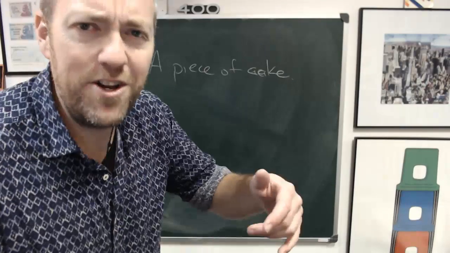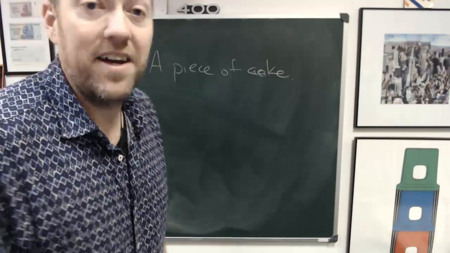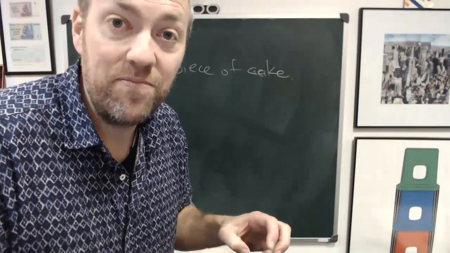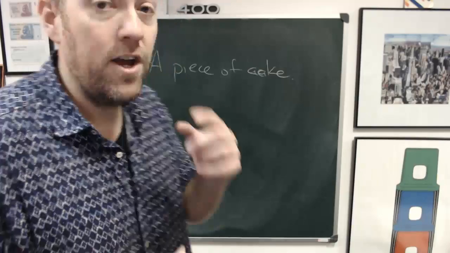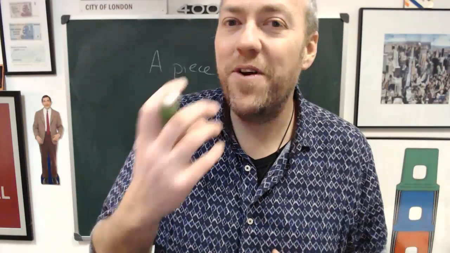Or learning English is a piece of cake. Or climbing Mount Everest is a piece of cake. What it means is that something is very, very easy. It's a piece of cake. Because a piece of cake is fantastic. And it's very easy to eat a piece of cake. It's also very easy to eat a whole cake. Well, for me anyway. But so a piece of cake is easy.